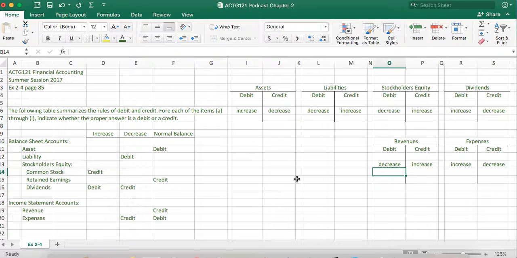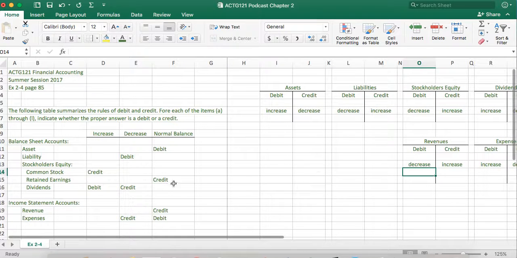I like to use little arrows, but the thing to remember would be assets, dividends, expenses all increase with a debit. Liabilities, equity, and revenue all increase with a credit. Very important: the increase side is always the normal balance side.